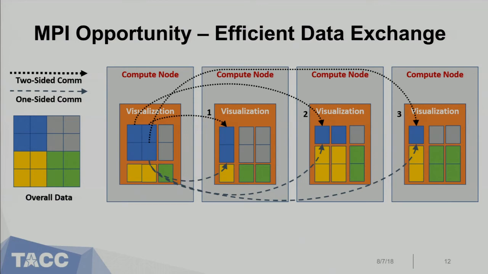Maybe they changed the color map, so they want a color update. Maybe they moved the transfer function, so they want to see a different isosurface being generated. And so to have that level of interactivity, we really need to start addressing these types of questions as well.